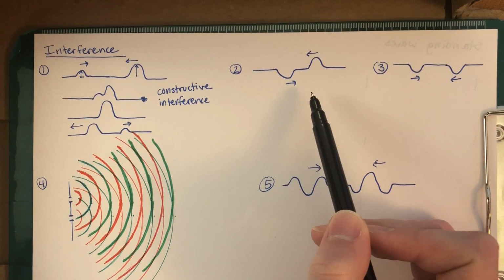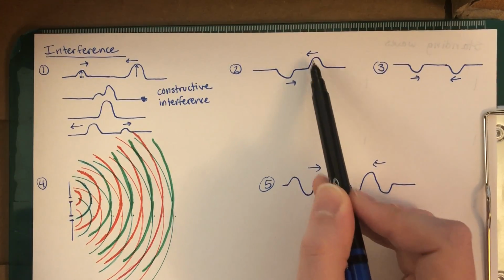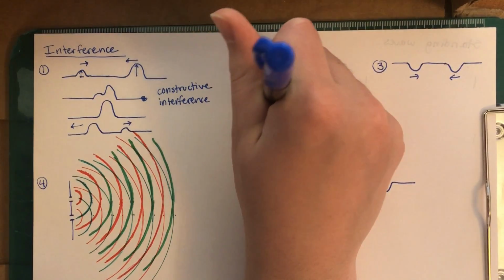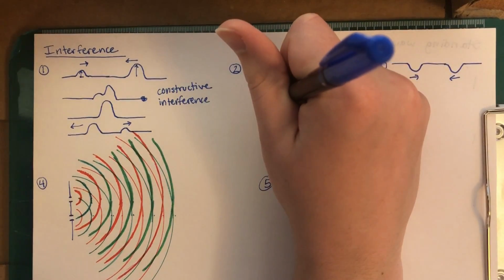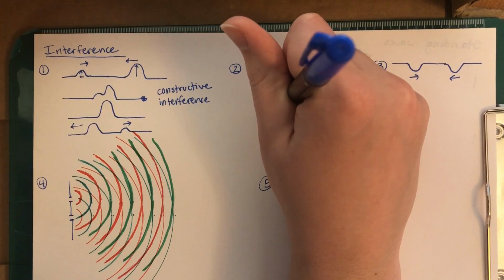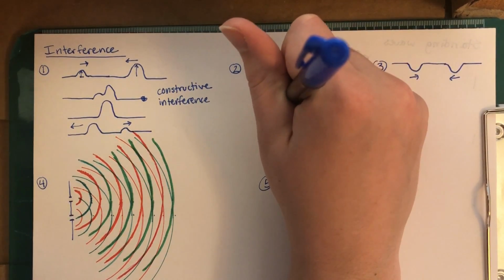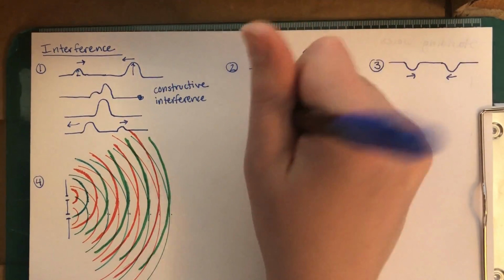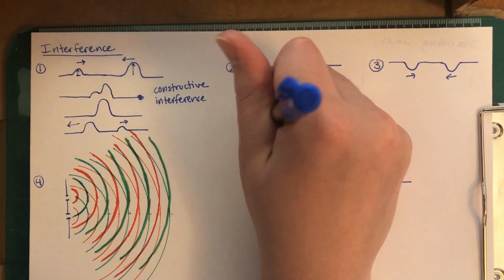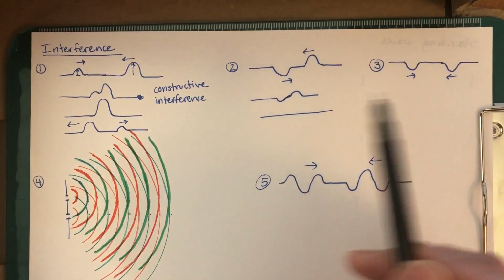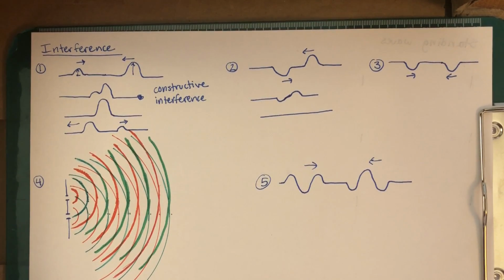Now we have a similar situation, except that one of these waves is going up and one of them is going down. So as they move towards each other, again, they're going to start to overlap. Look something like this. And then when they completely overlap exactly, if they're the same height up and down, they could completely cancel each other out.